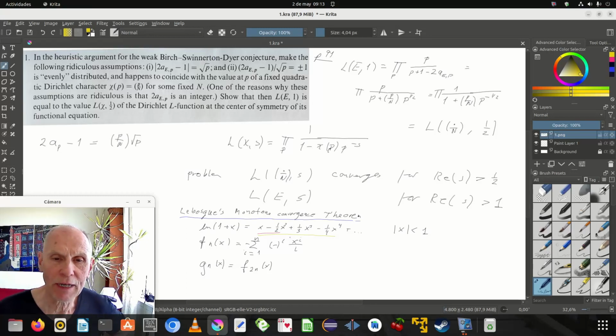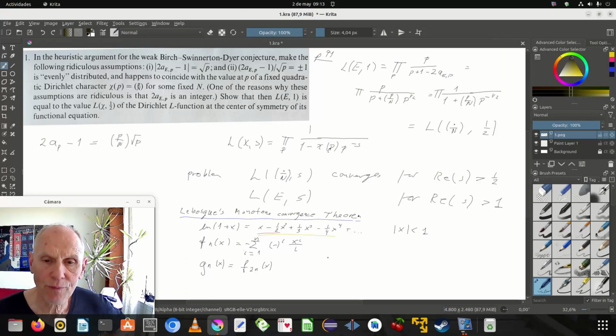I actually haven't made the details. So I believe that shows that ln 2 equals this sum.